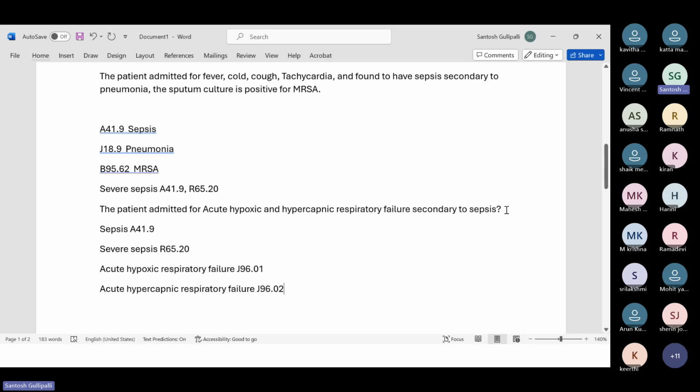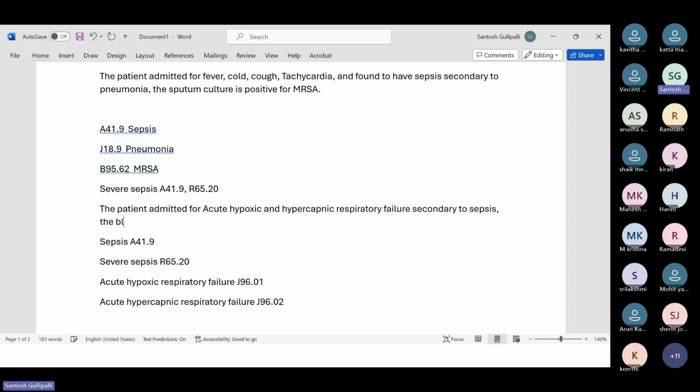For example, in the same case, the blood culture is positive for E. coli. How do we code this? Sepsis due to E. coli.